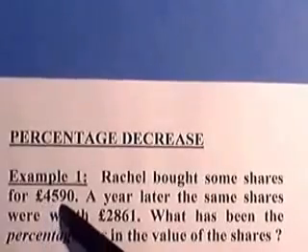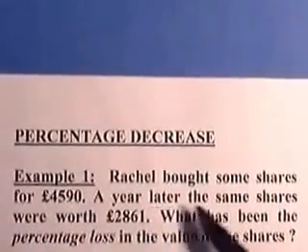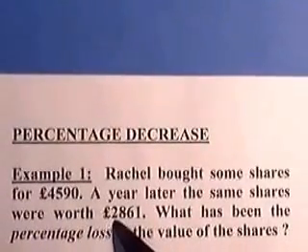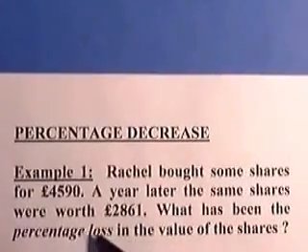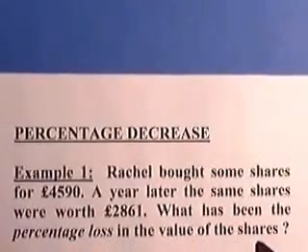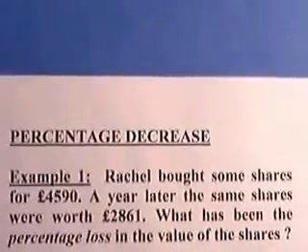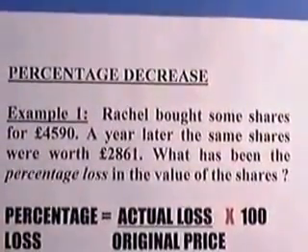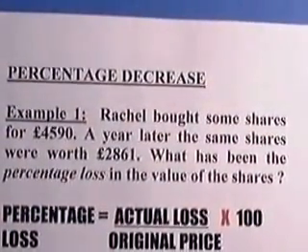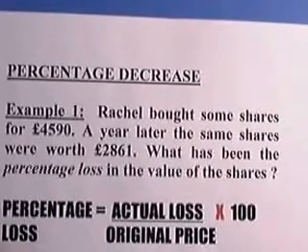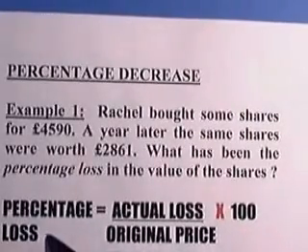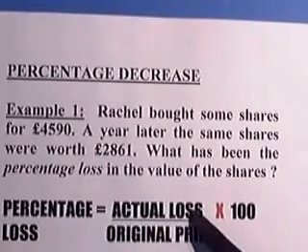Here's an example. Rachel bought some shares for £4,590. A year later, the same shares were worth £2,861. What has been the percentage loss in the value of the shares? Well, there is the same formula, slightly worded differently, but more or less the same idea.